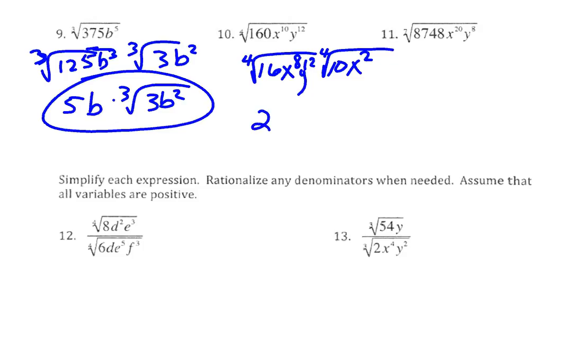Some of you have been treating it like 4 because you accidentally changed it to square root. So careful. Fourth root of 16 is 2. X to the 8 divided by 4 is 2. Y to the 12 divided by 4 is 3. And leave the fourth root 10x squared. Was there any need for absolute values? Yeah, it looks like the y would need it because it was even, and the 3 is odd. So I need to have absolute values there.